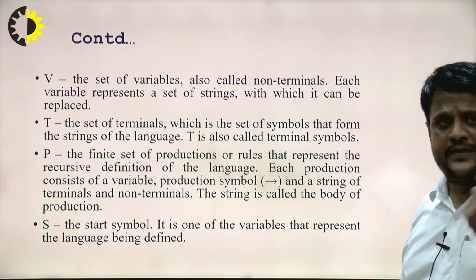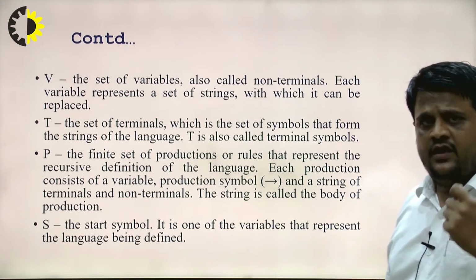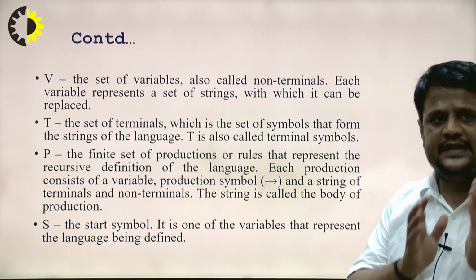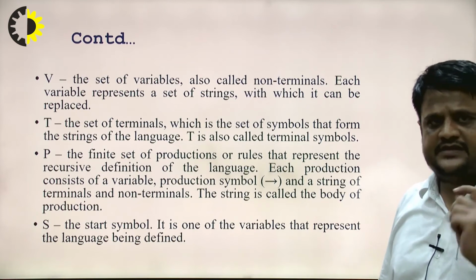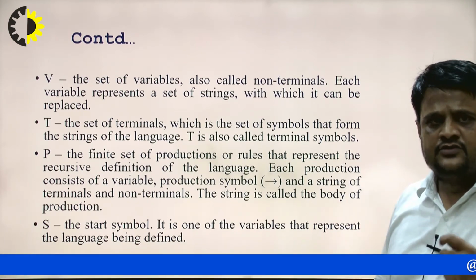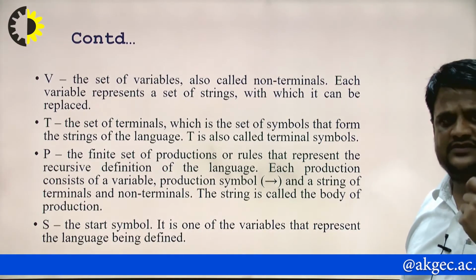Each variable represents a set of strings with which it can be replaced. T is the set of terminals, the set of symbols that form the strings of a particular language. T is also called the terminal symbols.